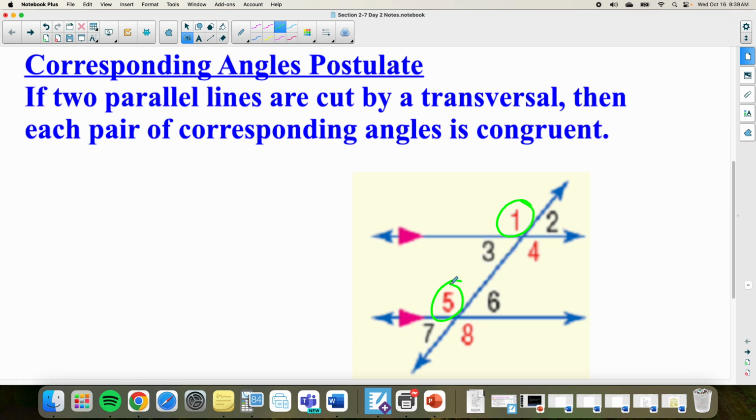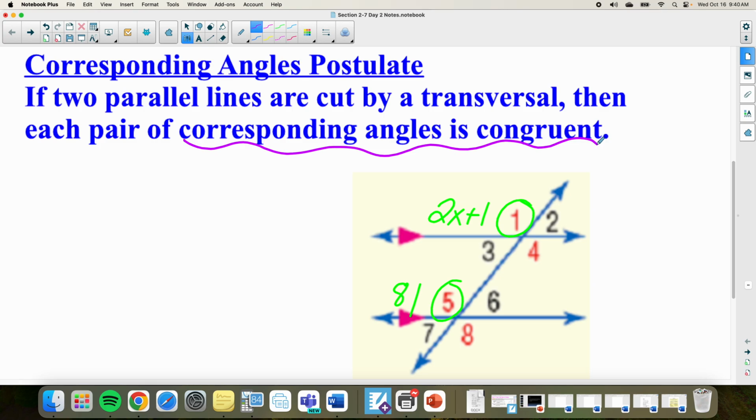So how today is going to be different is they're not just gonna ask you, are these angles corresponding? Instead, what they're gonna do is say, angle 1 is 2x plus 1, and this angle is 81, and find x. So what we would do in this situation is use this rule right here, that corresponding angles are congruent.